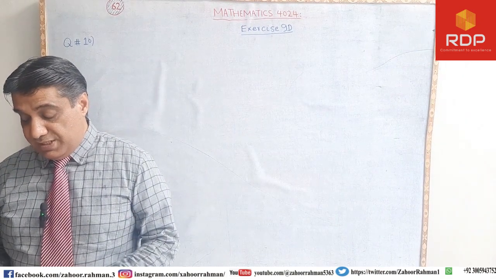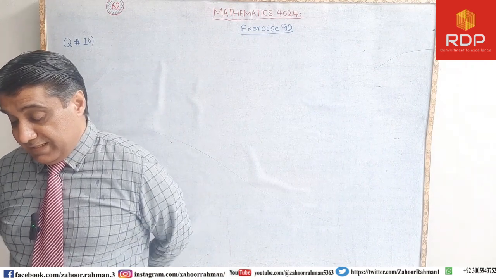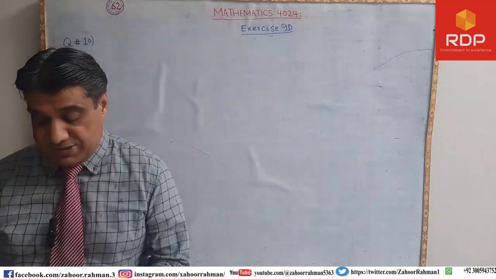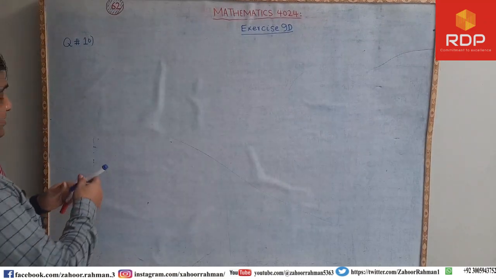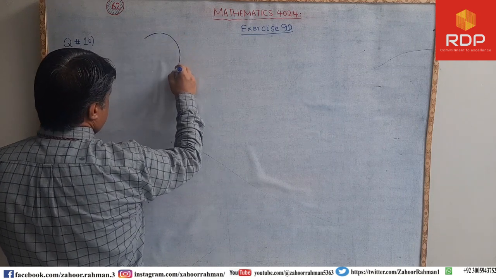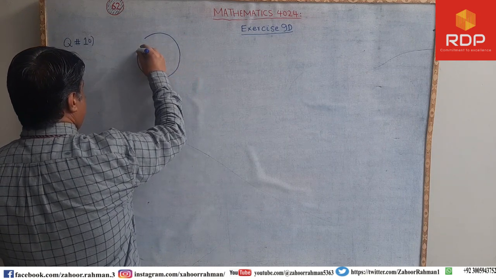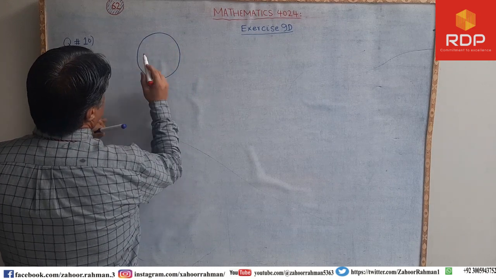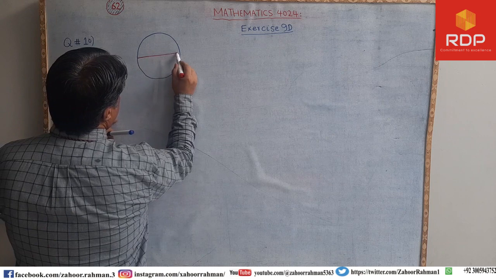Question number 10 says that the diameter of a wheel of a car is 60 centimeters. Consider this is the wheel of the car and this is the diameter.